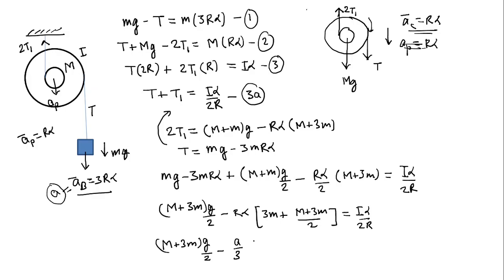A by 3 is, if you solve, it becomes M plus 9m by 2 is equal to here also I upon 2r. In place of alpha, you just write A upon 3r. Okay. So now you have A here, A here, bring both sides and solve them.